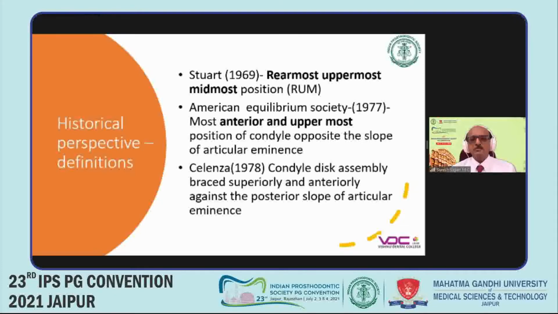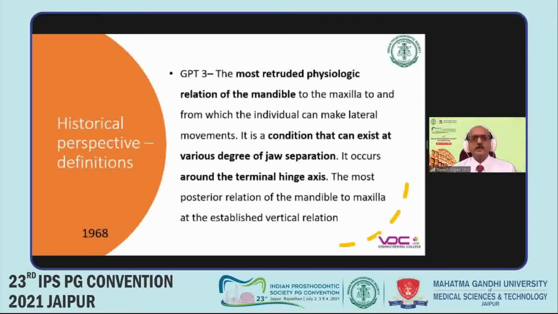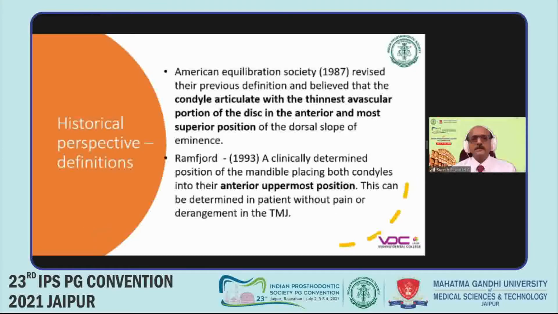And then Celenza also says it's superiorly and anteriorly against the posterior slope of the articular eminence. Okay, so in GPT-3, they slightly modified the definition, the most retruded physiologic position, at various degrees, but now they also added that it occurs around the terminal hinge axis. That's a very important change that was seen at this time.